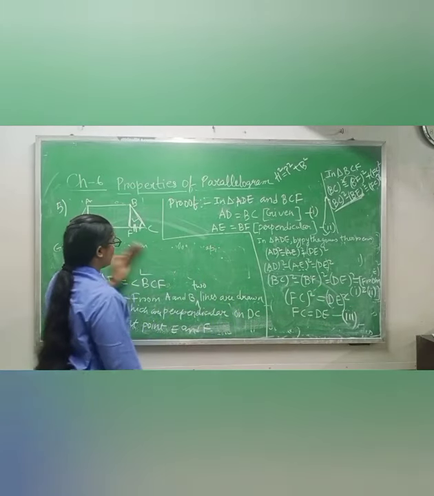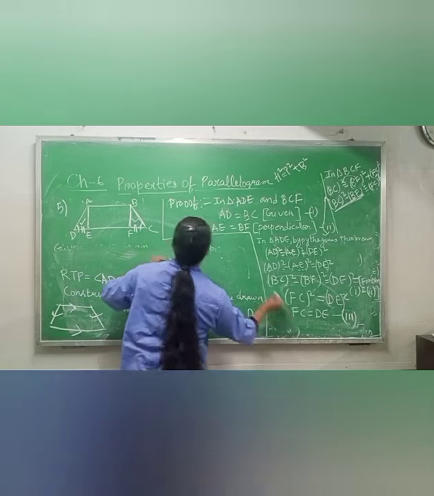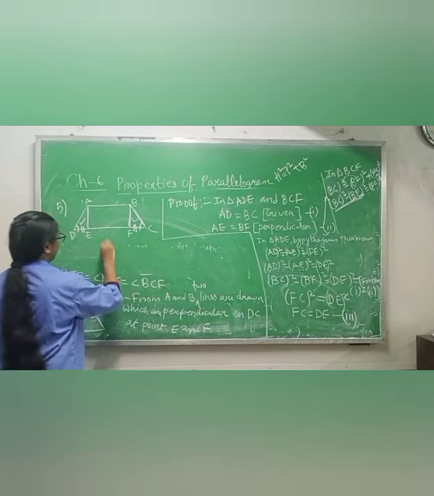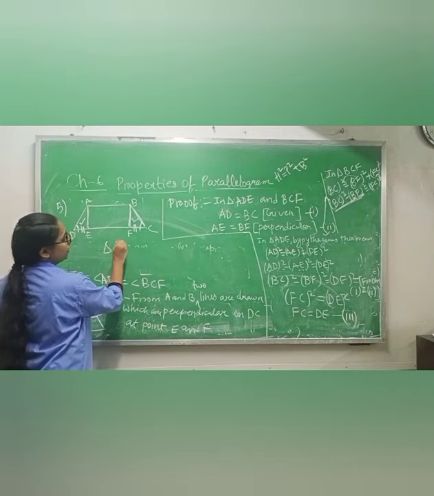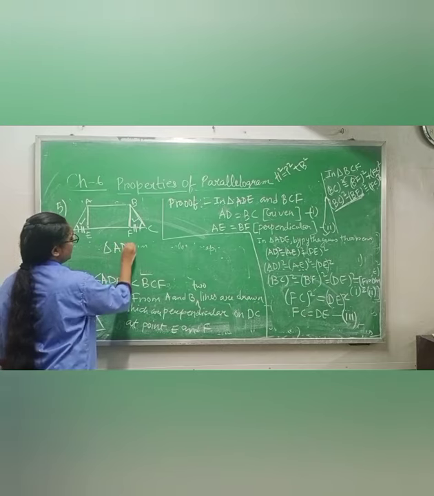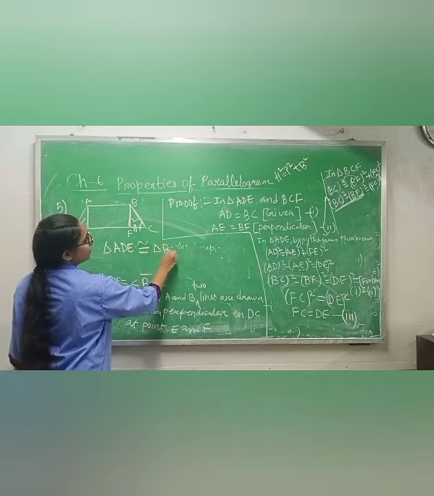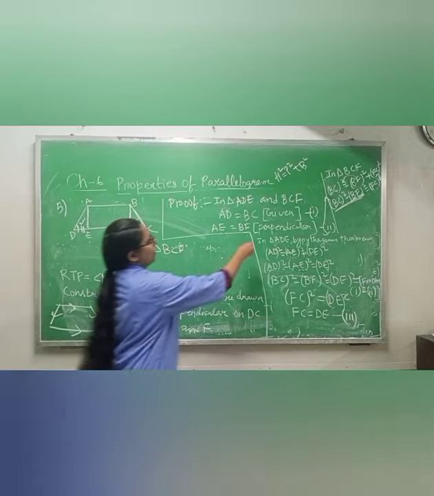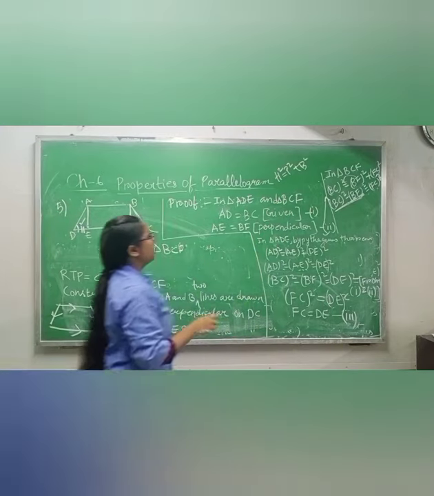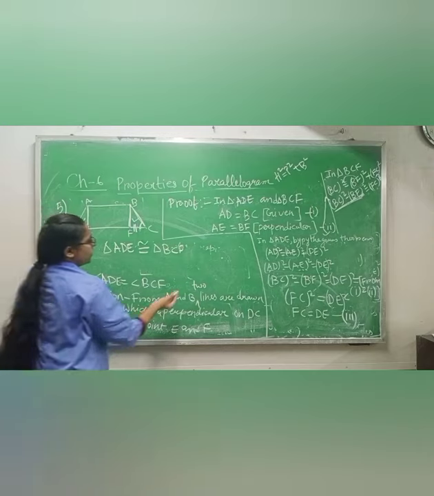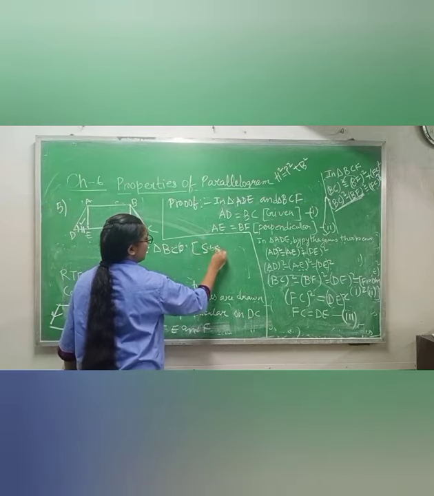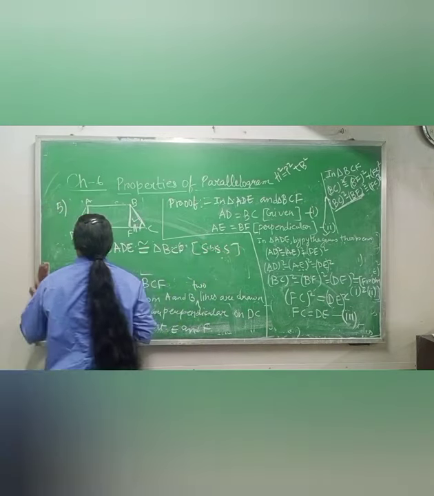Okay. So what we can say after this point, please come here. Therefore, triangle ADE is congruent to triangle BCF, right triangle, by the side property.